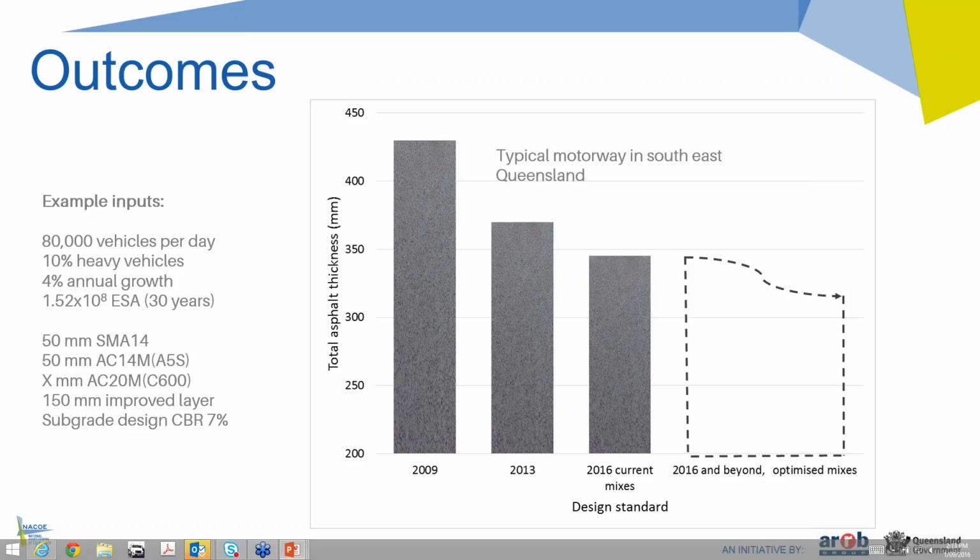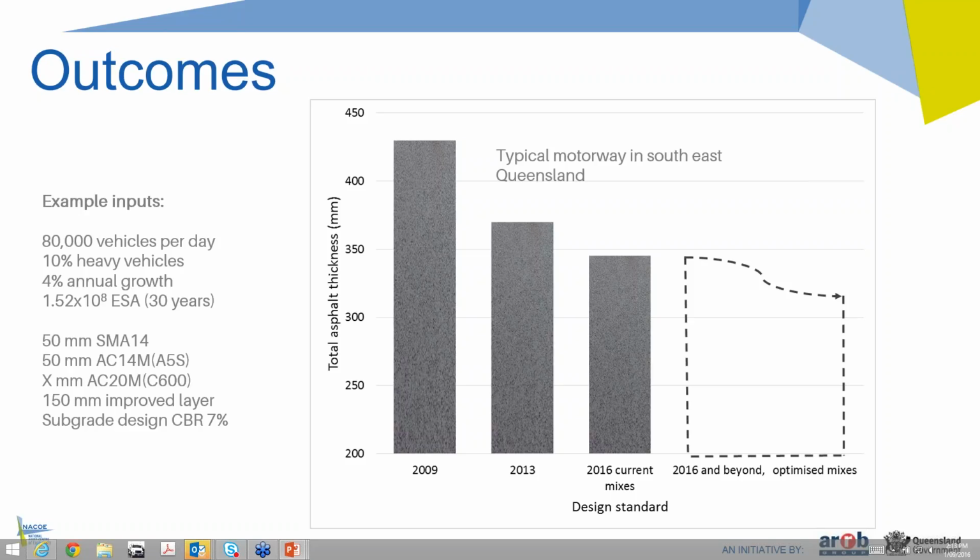So in 2013, we made some significant updates to our pavement design supplement, which were really targeted at reducing the thickness of asphalt pavements. So using the 2013 pavement design supplement, for this same design example, the thickness reduced from 430 mils down to 370 mils for the same situation.